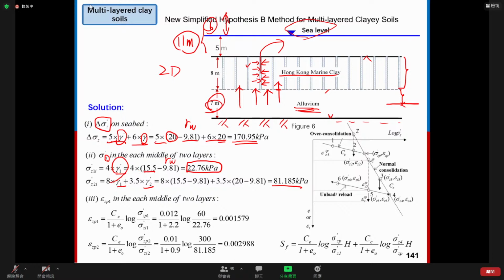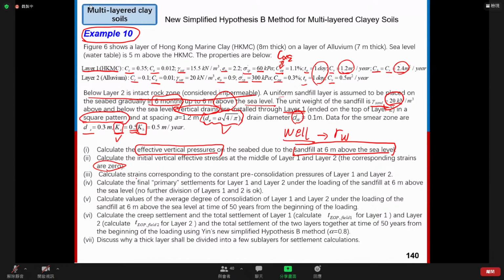Then for the third sub-question, to calculate the strain corresponding to the pre-consolidation pressure of layer 1 and layer 2. Actually, the pre-consolidation stress has been given here for both of these layers, right? We already know the pre-consolidation pressure here.